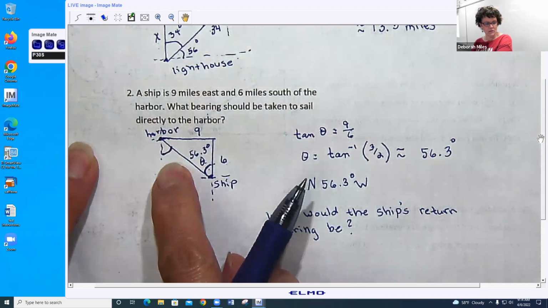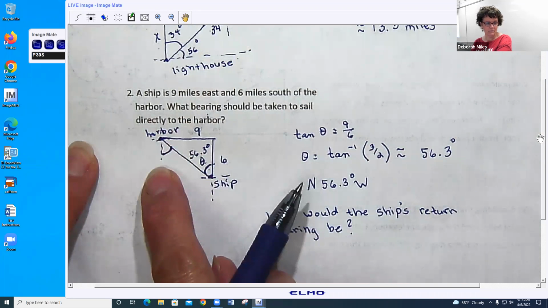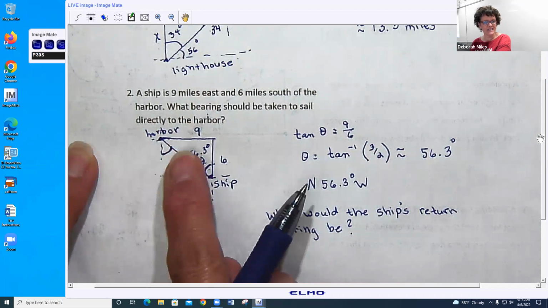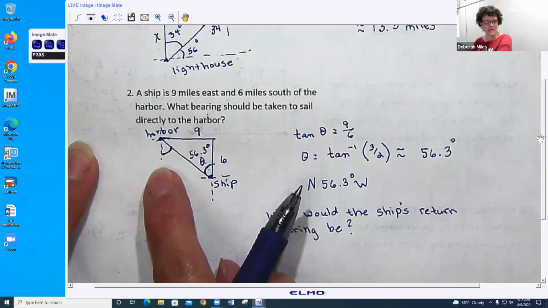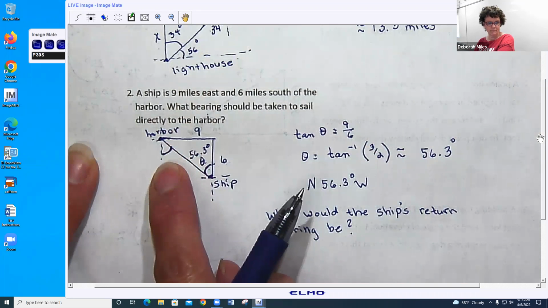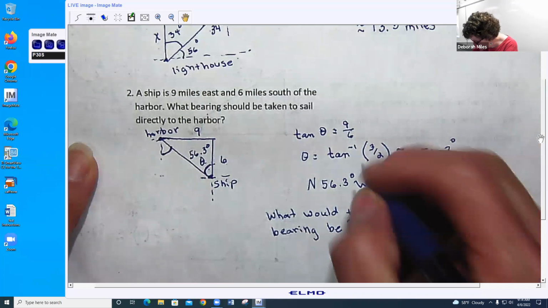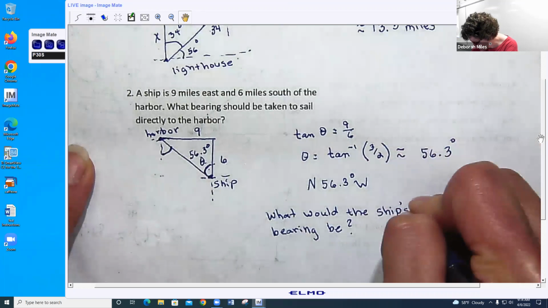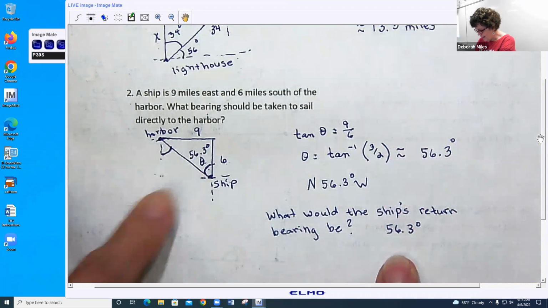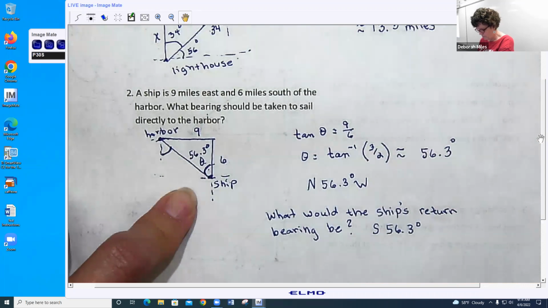That is east of the south line. How many degrees east of the south line is the ship going to have to sail? It's the same 56.3 degrees, but now it has to sail south to get back home.